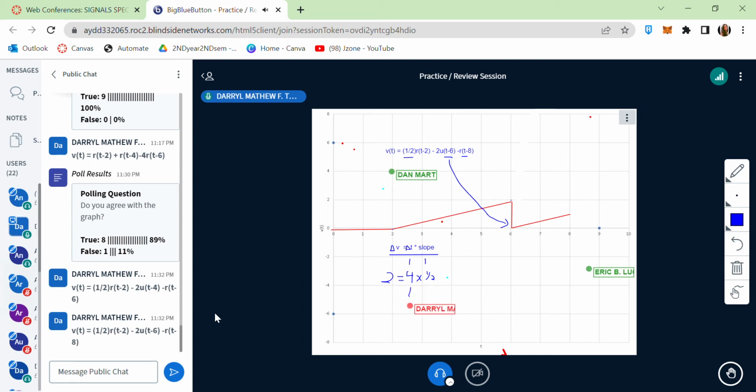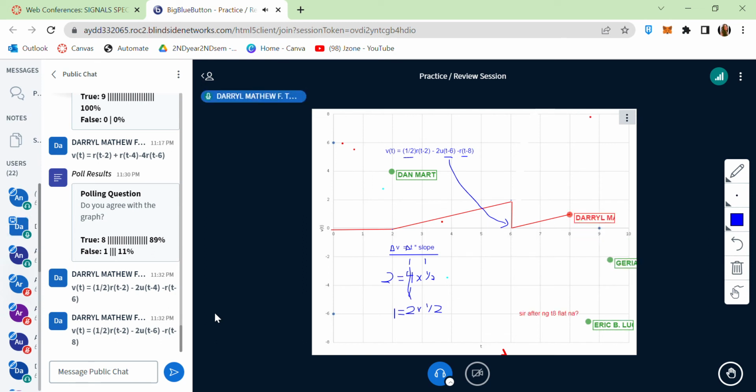So for this case, panibagong delta t natin would be 2. Yung slope natin hindi pa nagbago, so 1/2 pa rin siya. So 2 times 1/2, yung magiging delta v natin as a result becomes 1. So dapat from here, kapag gumalaw tayo ng 2 steps along t, aakyat siya by 1 sa v.